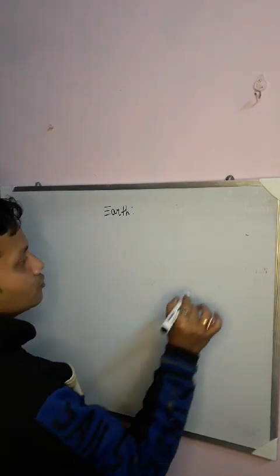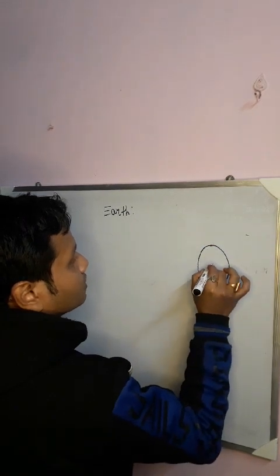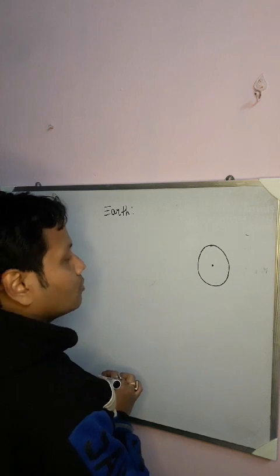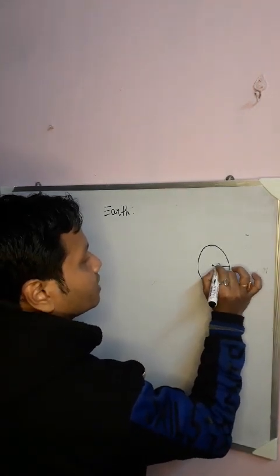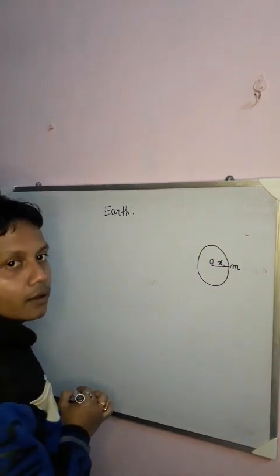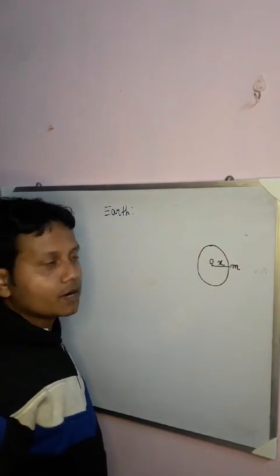Now suppose this is Earth, and this is the center of Earth. Suppose an object of mass m is located at a distance x from the center of Earth.